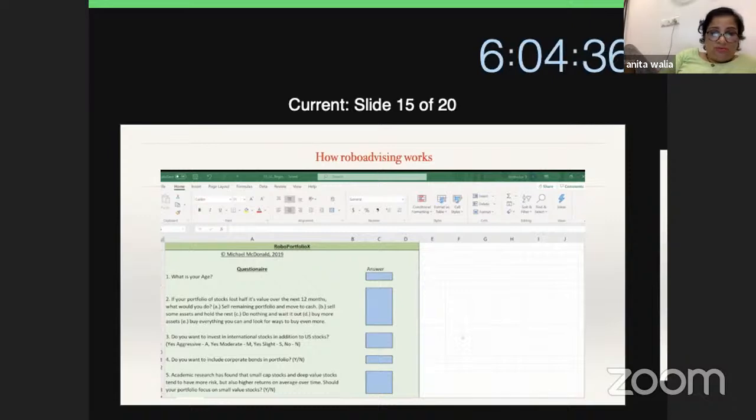Then, we can't directly ask what his risk tolerance level is, but we have to understand it from the client. Is he ready to lose a lot of money in a short time, or is he looking for a short-time gain or a long-time gain, all those kinds of things.